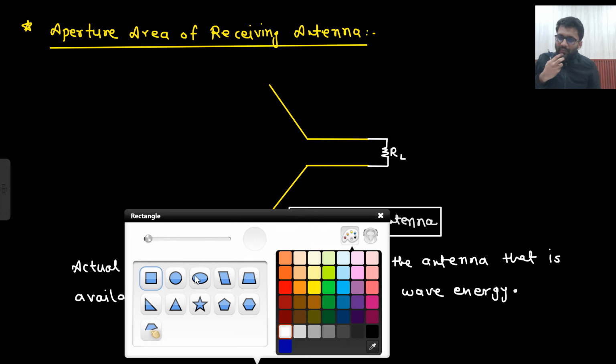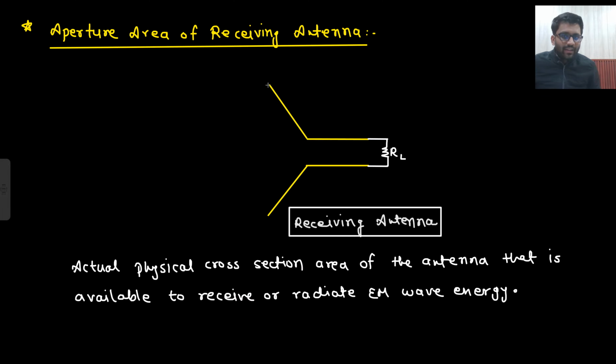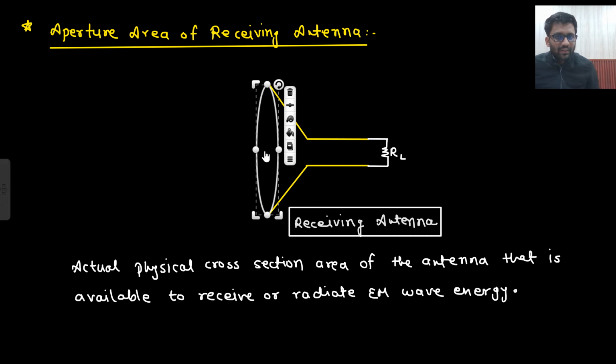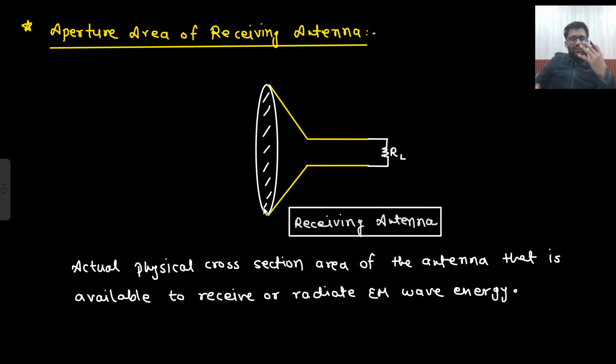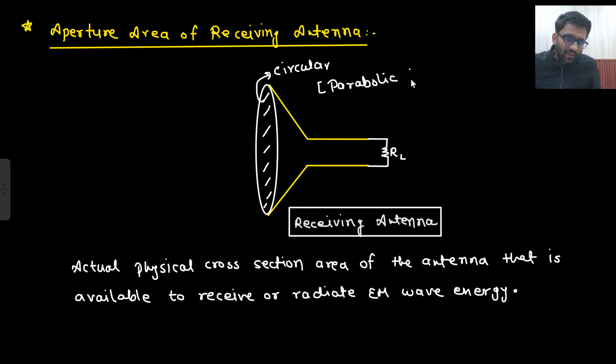Okay. So the area could be anything. I am making it circular, but it's not necessary that it will always be circular. And if your aperture area is circular, then it is known as a parabolic reflector antenna.